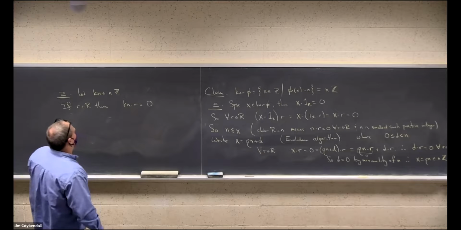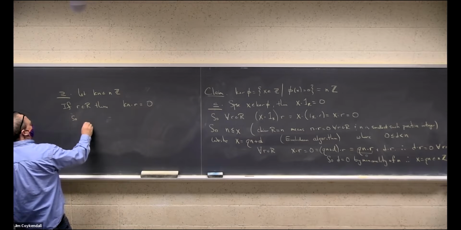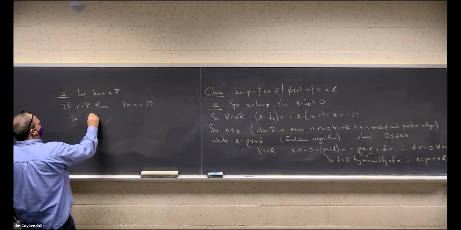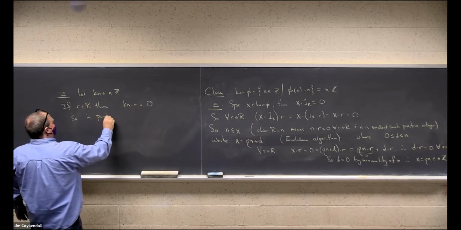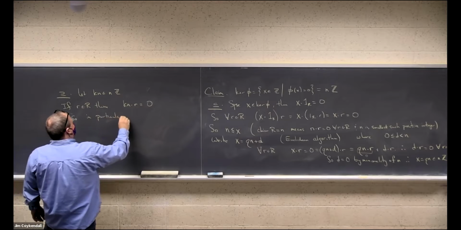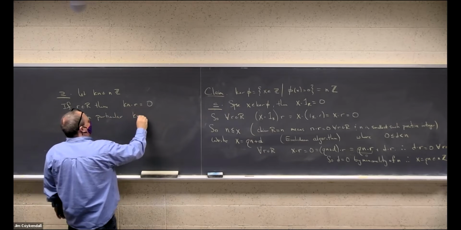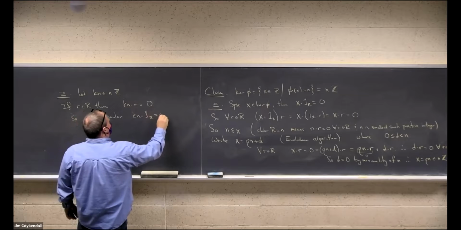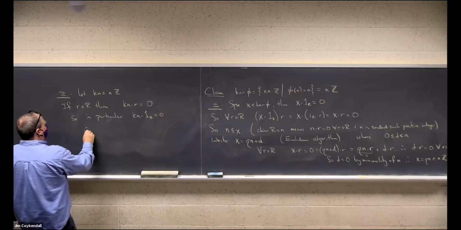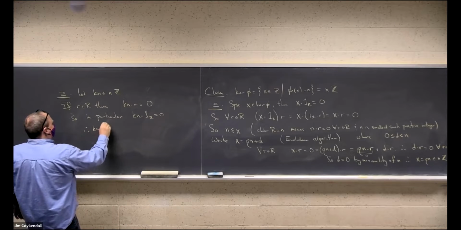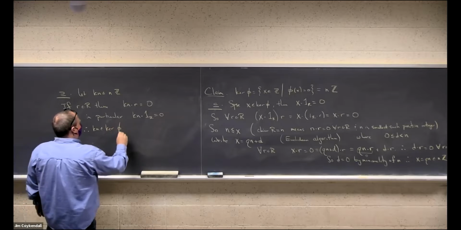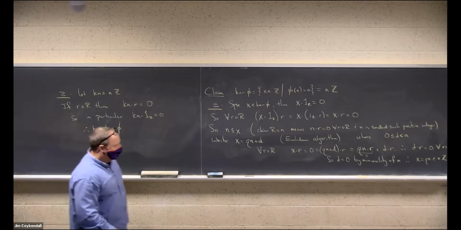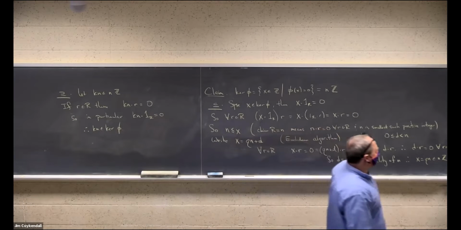Right? So, in particular, kn times 1r, therefore, kn is in the kernel. So that establishes the first statement.